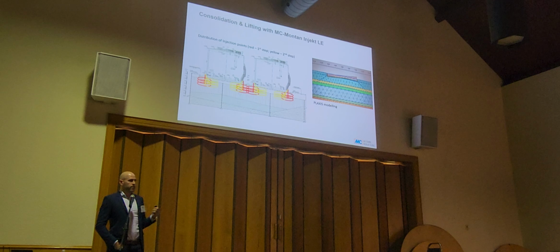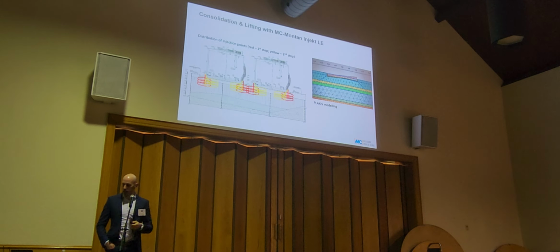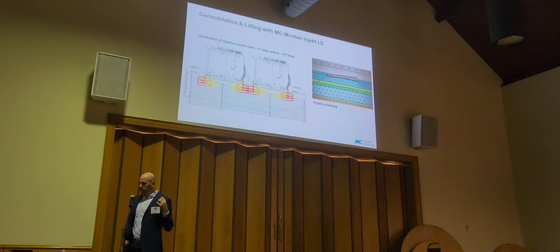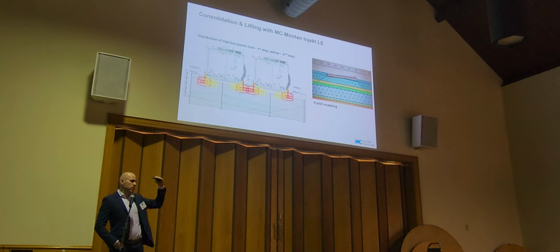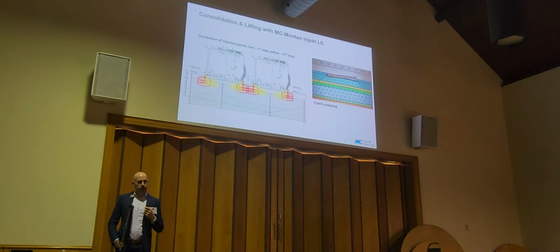Therefore, we planned an injection in 2 main steps, plus, which you will see later on, a third step to stabilize everything. The first step is what you see here in the red color, so 3 stages of injection horizons.